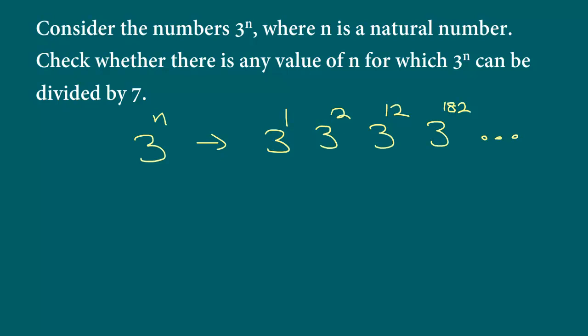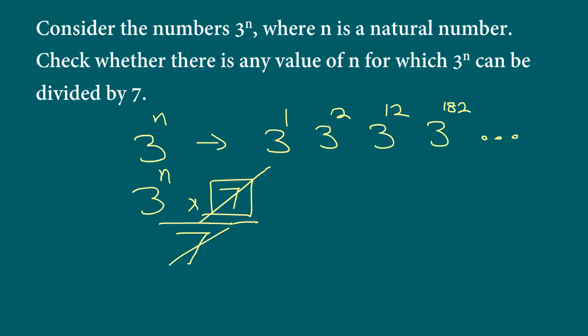So what is unique is that in order for our number to be divisible by 7, it must have 7 as a factor, or 7 should be a factor of our number. So we have 3 to the power n, but we need to have at least one 7 in the numerator for our number to be divisible by 7.